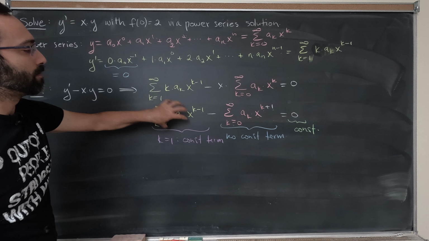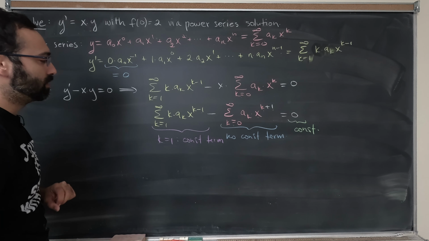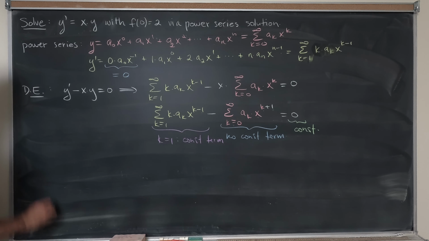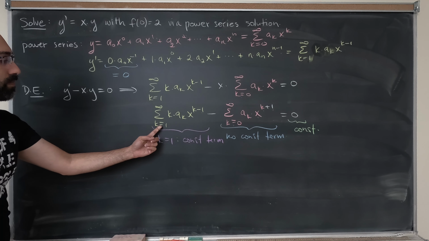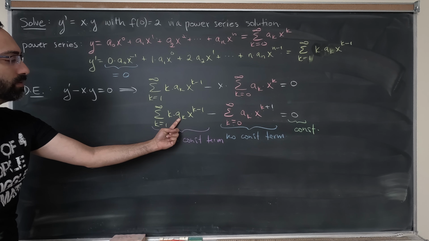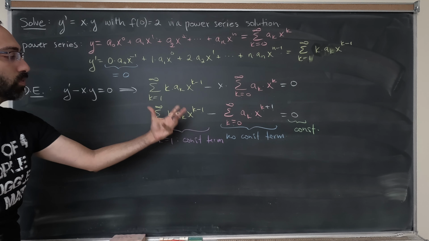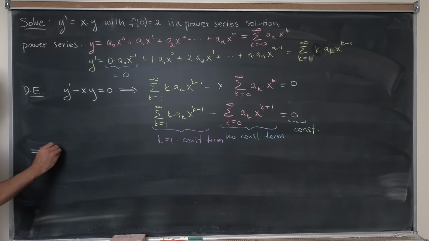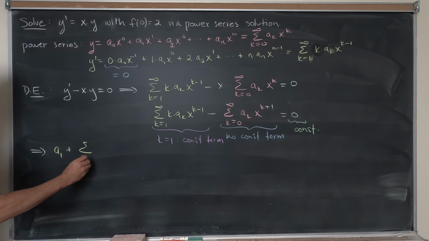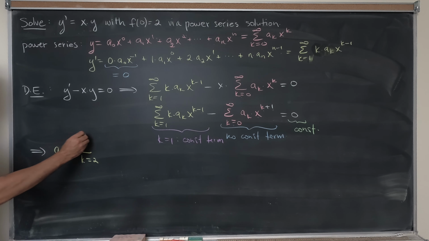Let's extract the term generated from k equals 1. When k equals 1, the term that comes out is 1 times a sub 1 times x to the 0, or just a sub 1. Then the rest of our summation continues on from 2 to infinity.